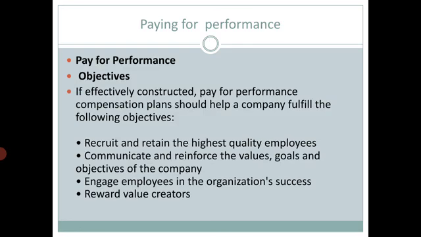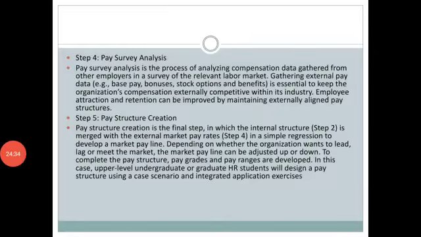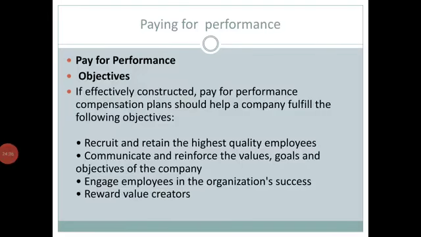Okay, then communicate and reinforce the values, goals and objectives of the company. Through pay for performance, what you want to do is, see, every company or organization has certain values, certain goals and objectives.